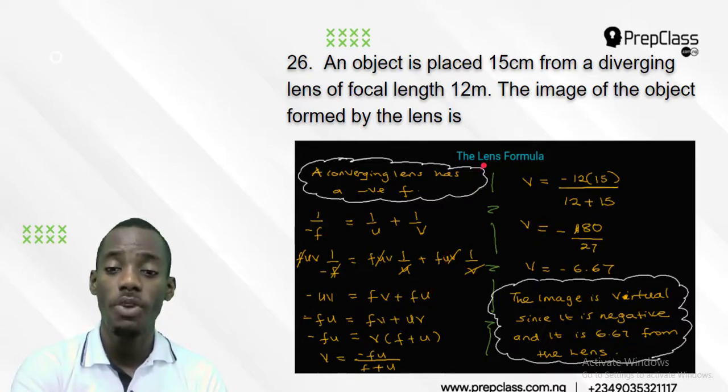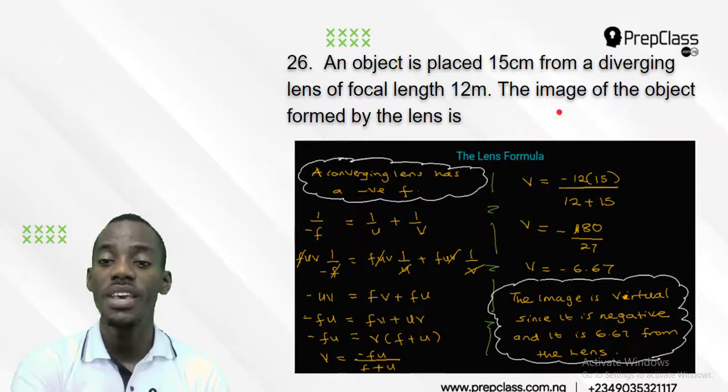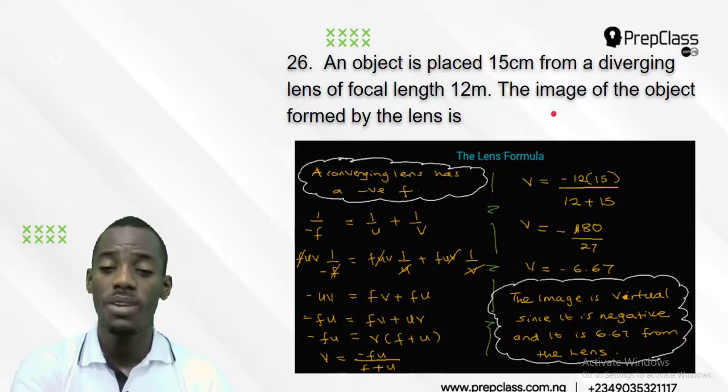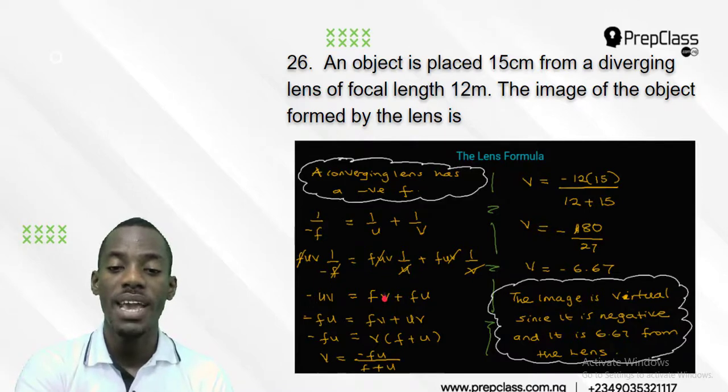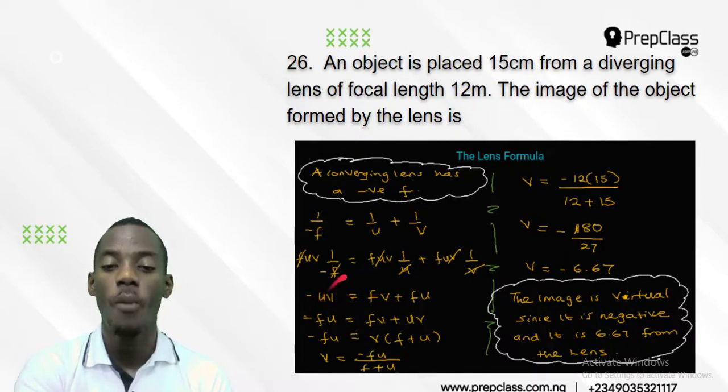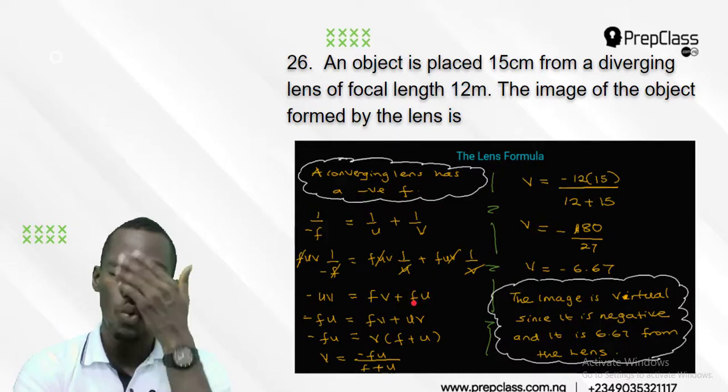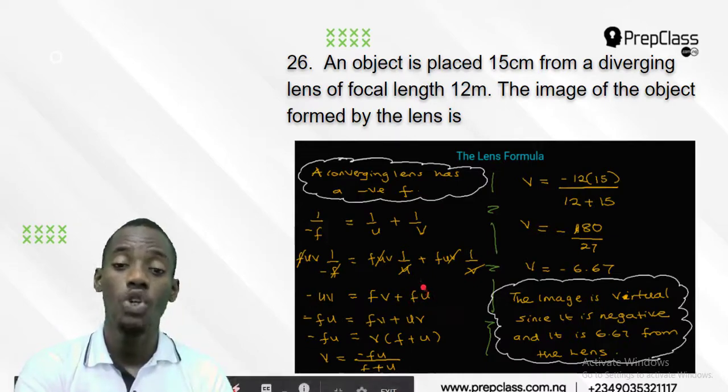But remember, I am trying to make V stand alone because V is the image distance. So I have V here and I have V here. I have to bring them together. That means the FU that does not have V will jump over to this side.